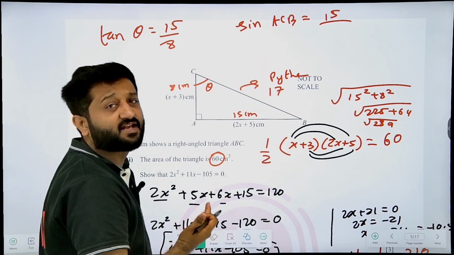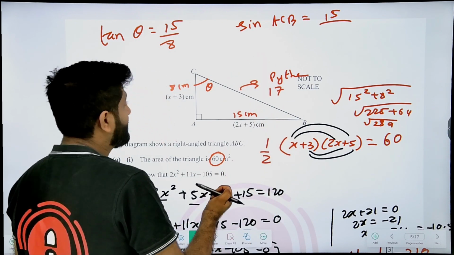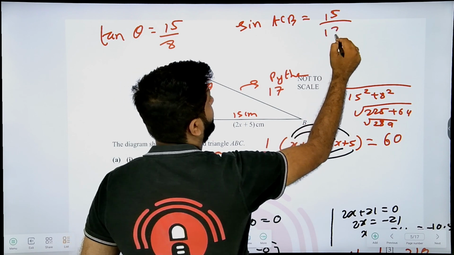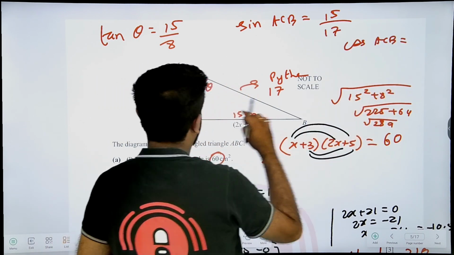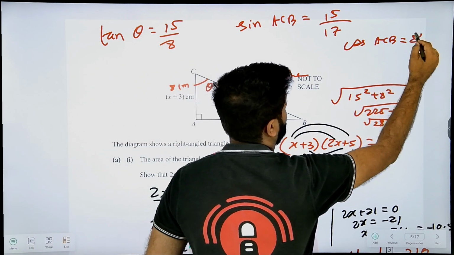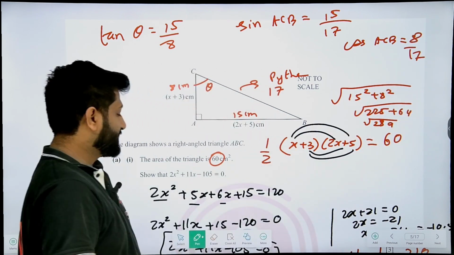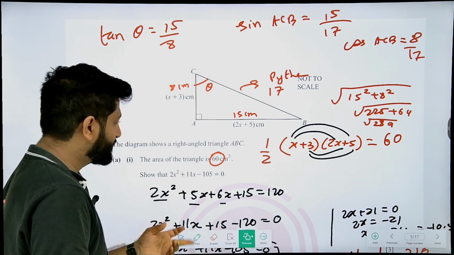So if they had asked for sine of angle ACB, I would have written 15 over 17. If they had asked cos of ACB, I would have written cos of ACB is 8 over 17. So I just have to write down the ratio of the sides.